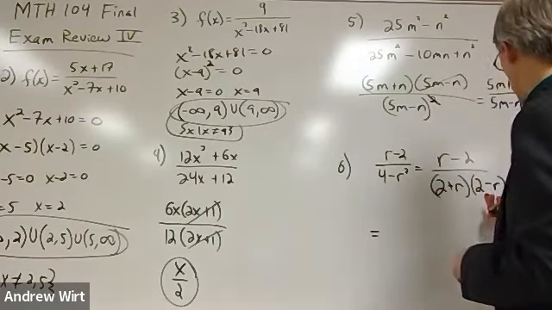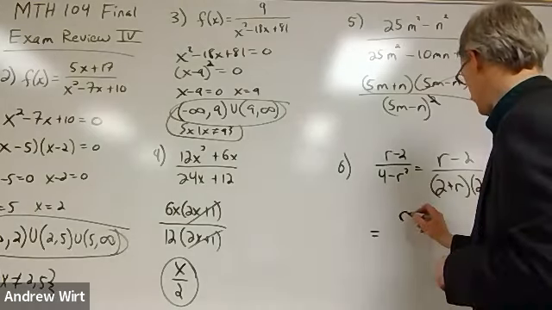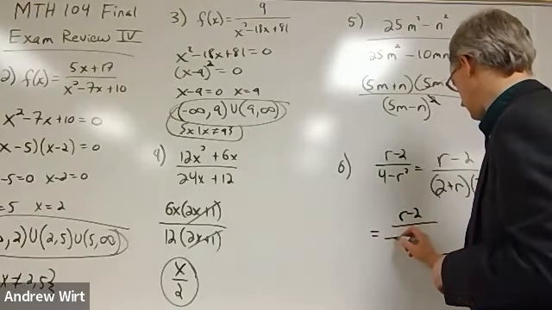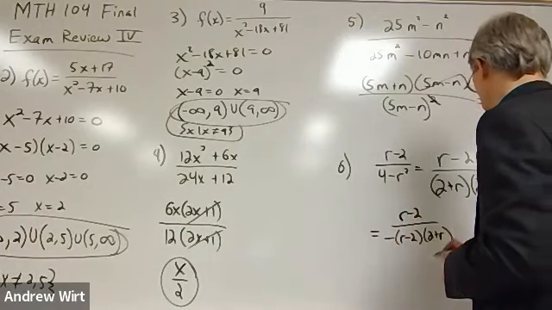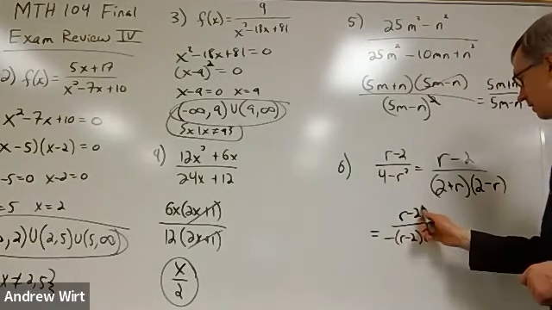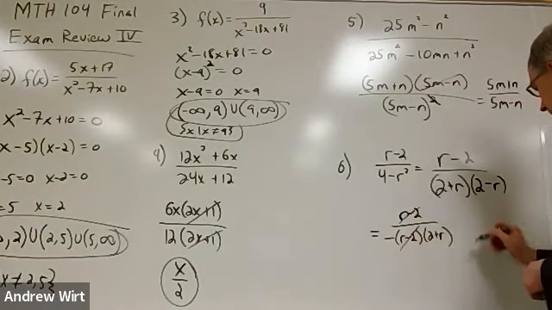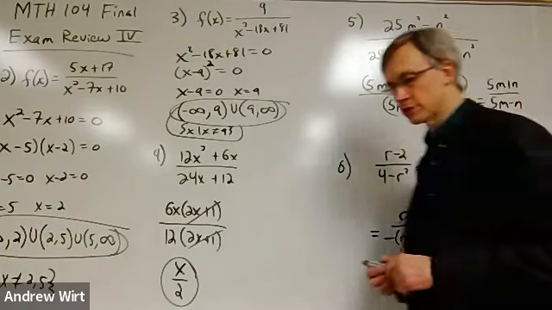I'm going to flip this binomial to r minus 2, and that'll make it negative. All right, flip that one. And I'm going to cancel those, and that gives us 1 over, we're going to say negative out front, negative of 1 over r plus 2.